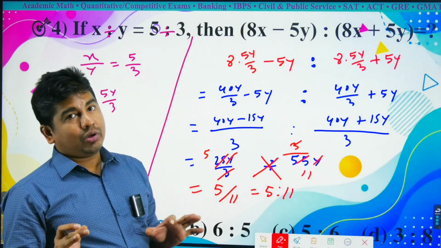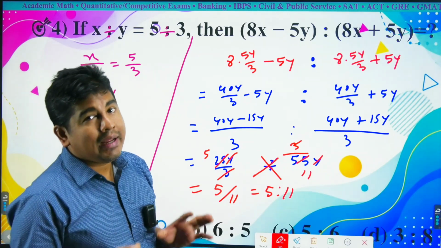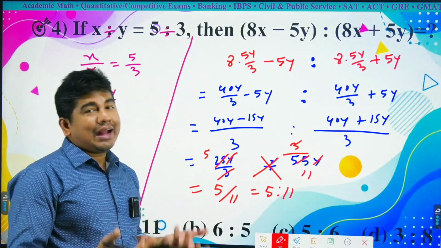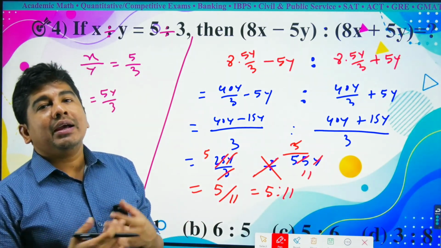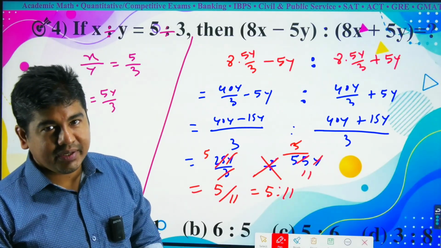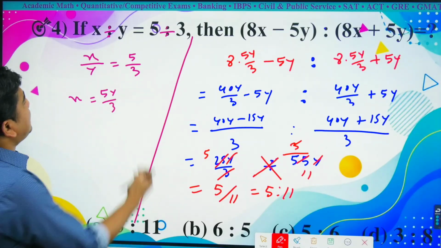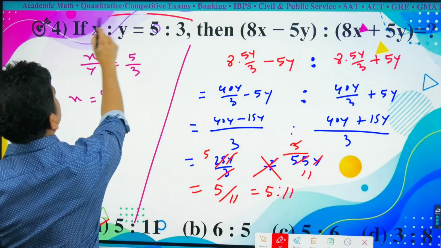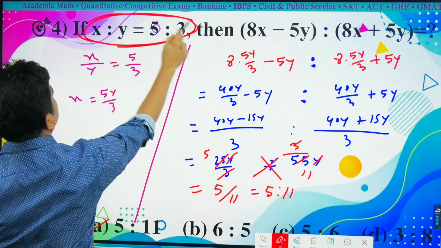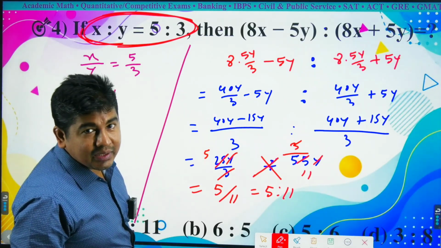This math is very important, and many times you have faced it in your competitive exams, in your admission, in your SAT, GMAT, GRE, in different kinds of exams. What have we done? At first it was said x is to y equals 5 is to 3.